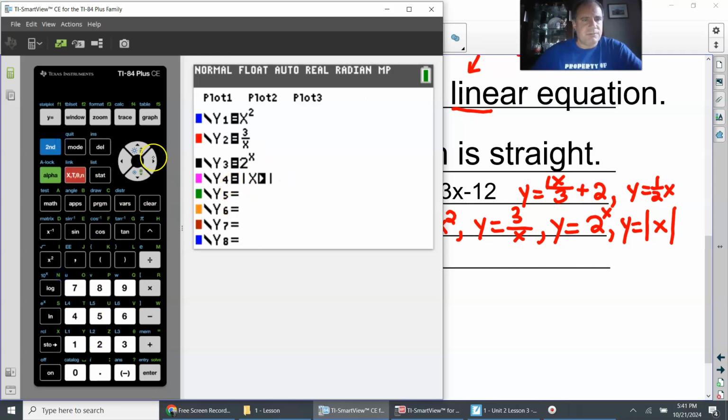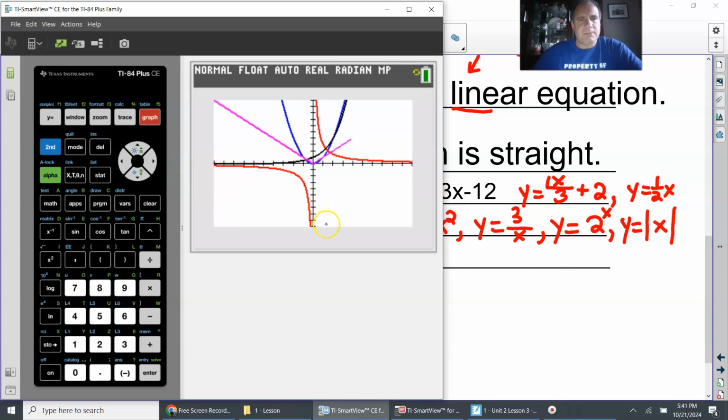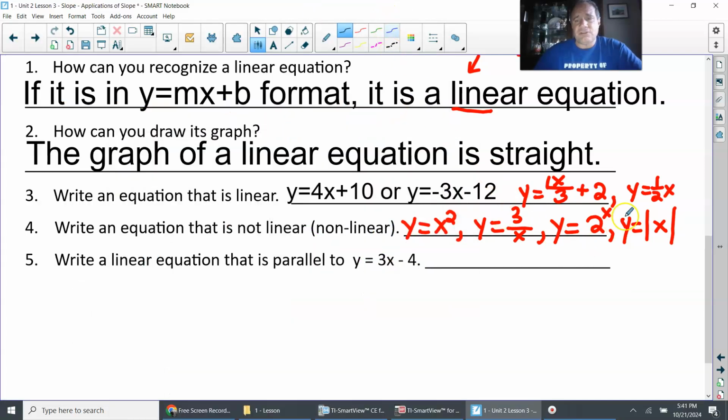Brings you back to the graphing page, the y equals, and you see what that is. That is a V shape. In the shape of a V, that is also nonlinear. There are a lot of others that are nonlinear, but those are just a few of them. All right, not y equals mx plus b format.